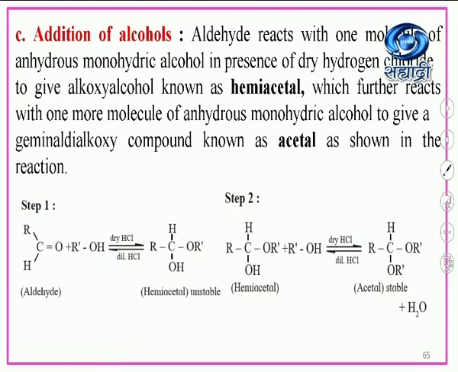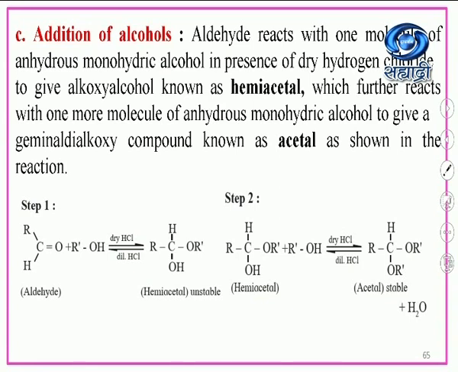Another, that is step number 2: RCH bond OH bond O R dash plus R dash OH, that is alcohol. So this is a reversible reaction with dry HCl. After that you can treat with dilute HCl. You will observe RCH bond OR dash bond OR dash.